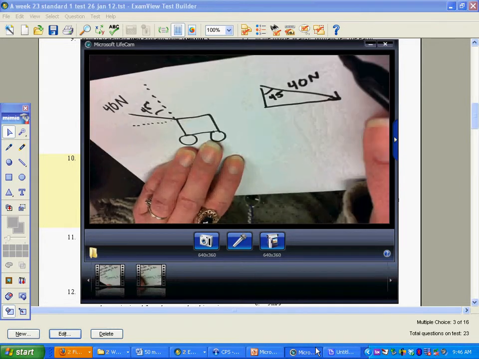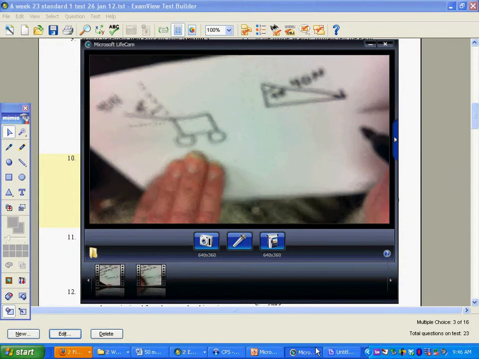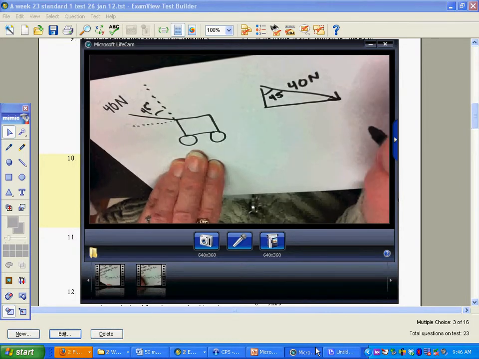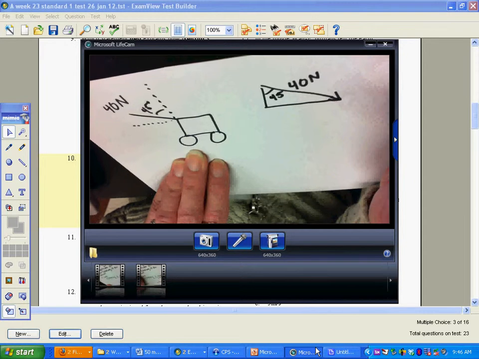So if we want to find the horizontal component, we're going to take the cosine of 45. Horizontal, we're going to take cosine. X, horizontal. Yeah. Okay, to find vertical, we'd take what? Sine.